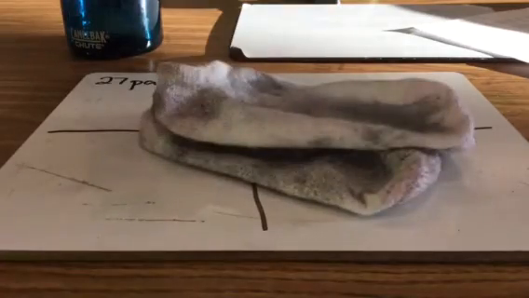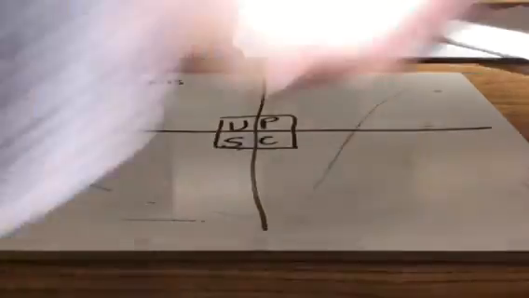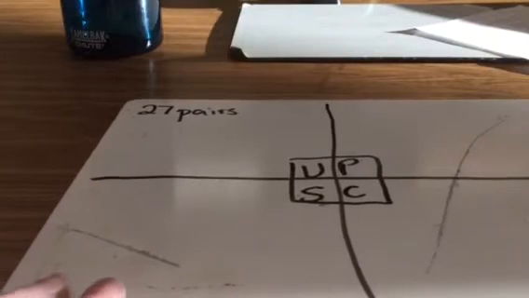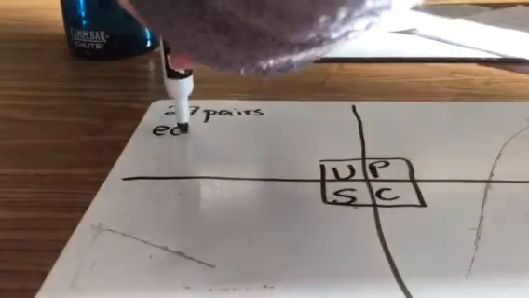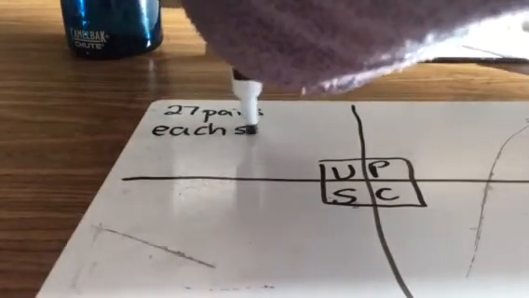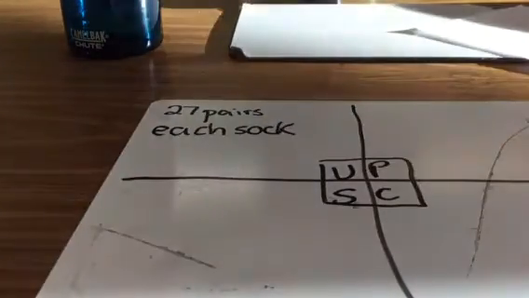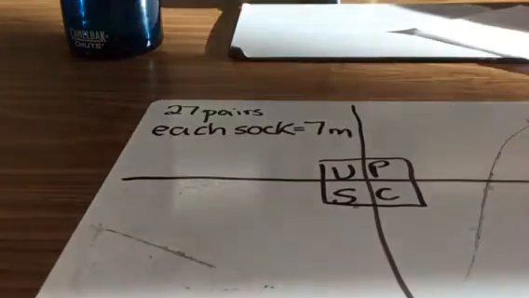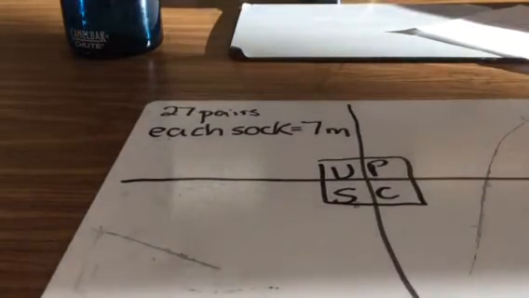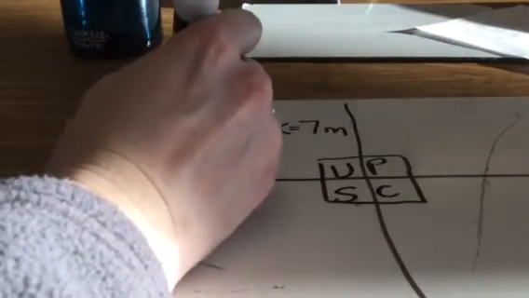So a pair of socks is 2 socks. So 27 pairs means that he has 2 socks in each pair. In each sock, not each pair, each sock, he put 7 marbles. And then we want to know how many marbles in all.